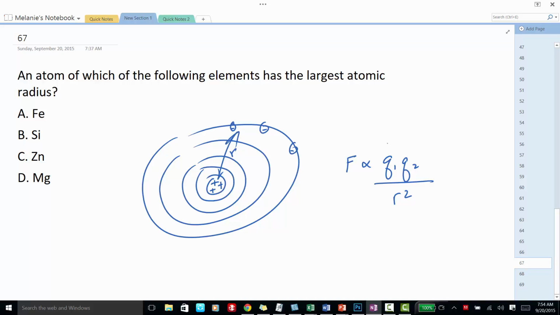So, let's say this is the charge of the nucleus, and this is the outermost electron. When the charge of the nucleus increases, and the distance between the nucleus and the outermost electron stays the same, the force of attraction increases. Because the force of attraction increases, the atom actually diminishes in size somewhat.